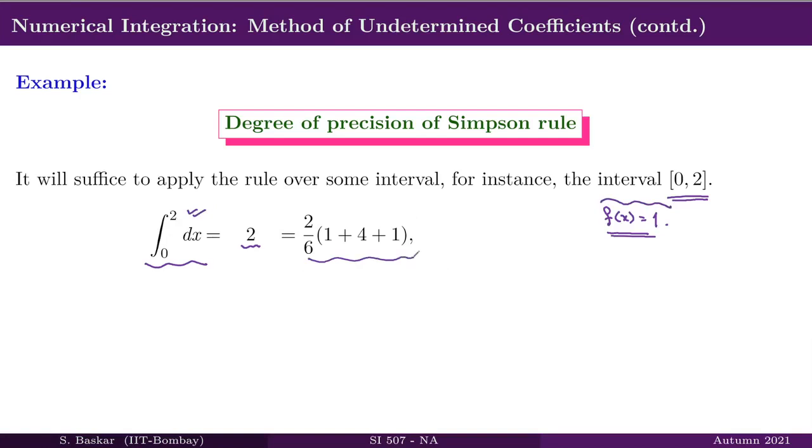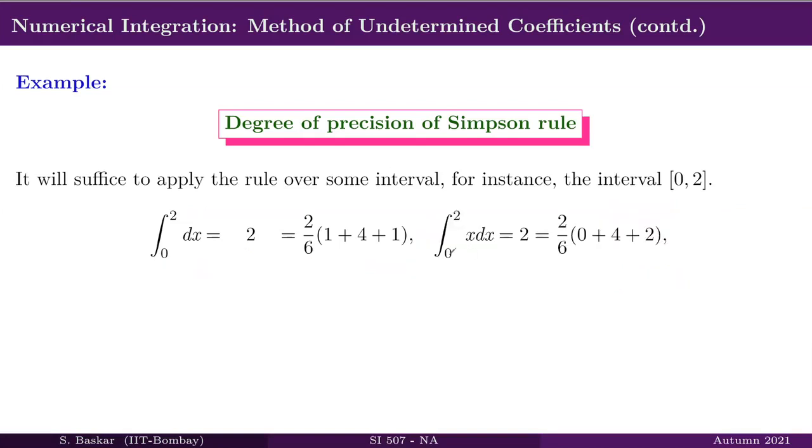If you recall, Simpson's rule with f of x equal to 1 in the interval 0 to 2 is precisely this. You just calculate this expression, you will see that that also leads to 2. Therefore, your integral value and the Simpson's value, they both are equal. Therefore, this is okay. Now you go to f of x equal to x.